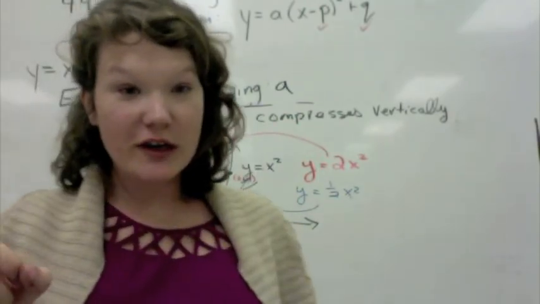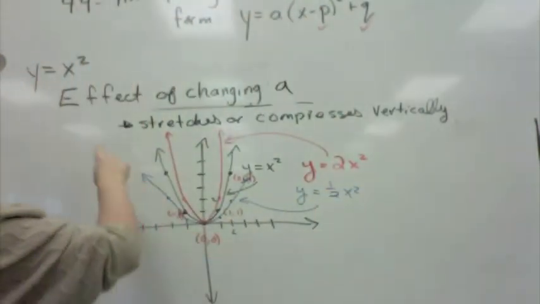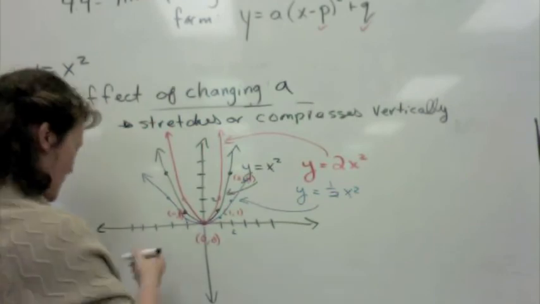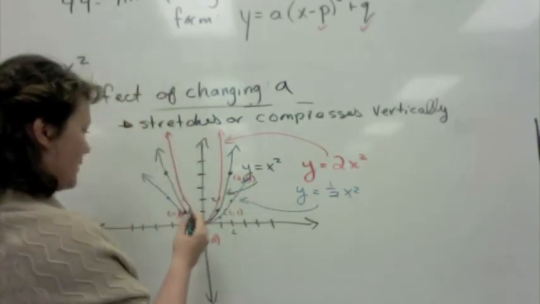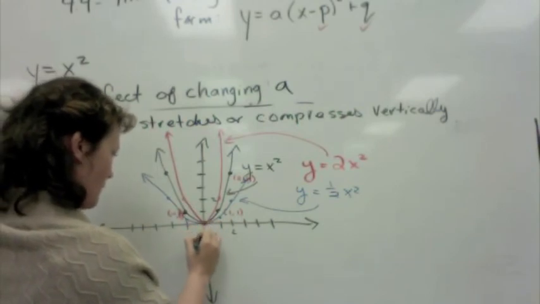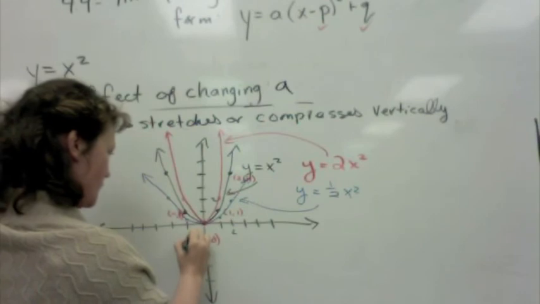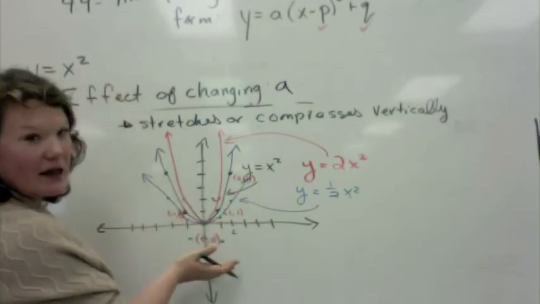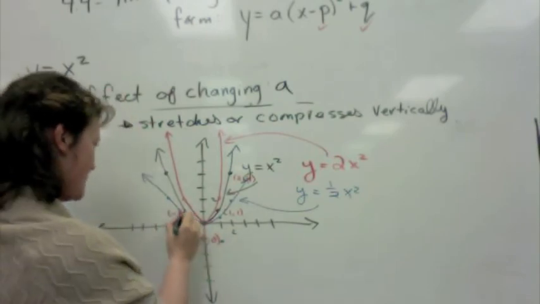Now there's one more tricky little bit of business, and that is what happens if we have a negative here. I'm just going to draw a quick example. If I were to go like this, what I'm doing is reflecting it in the x-axis, which is this horizontal axis.